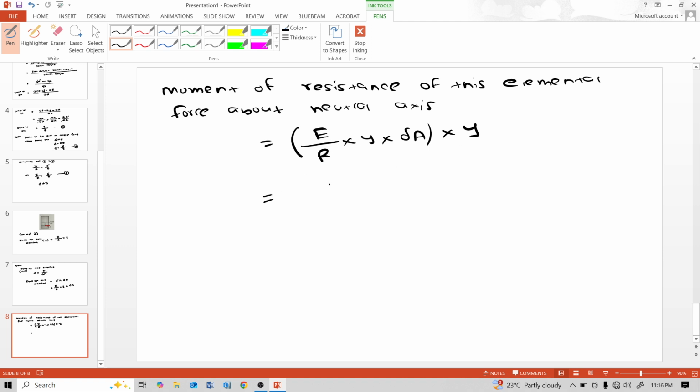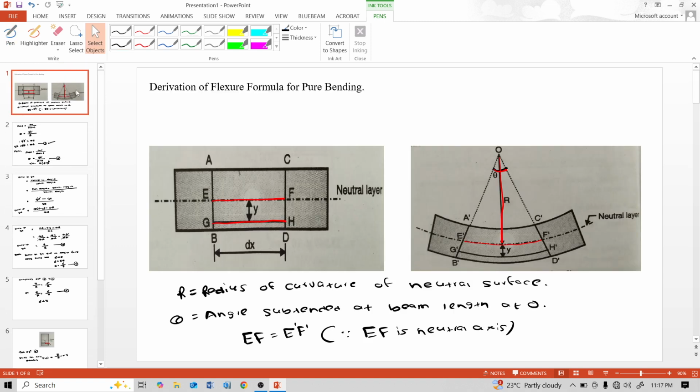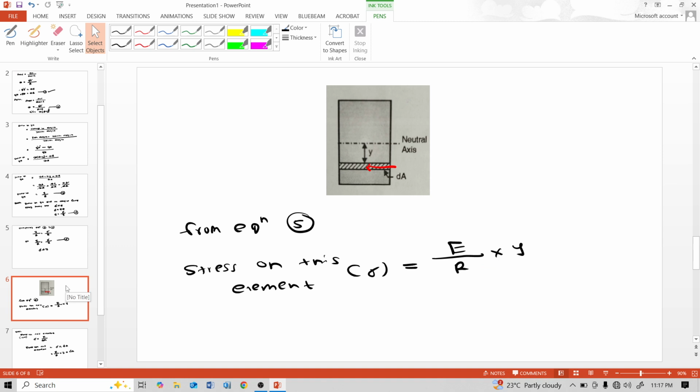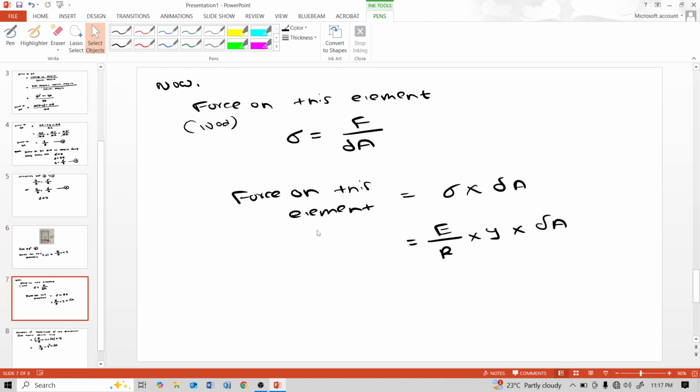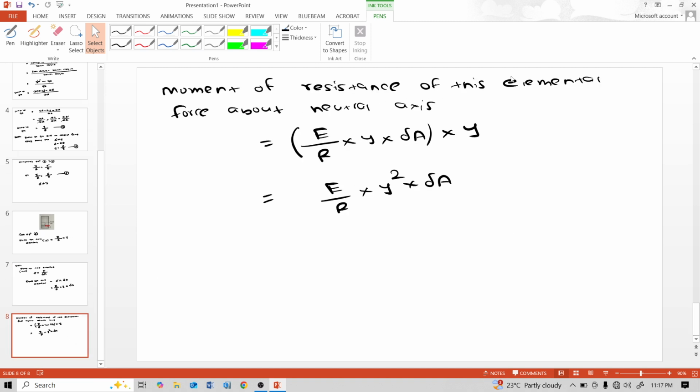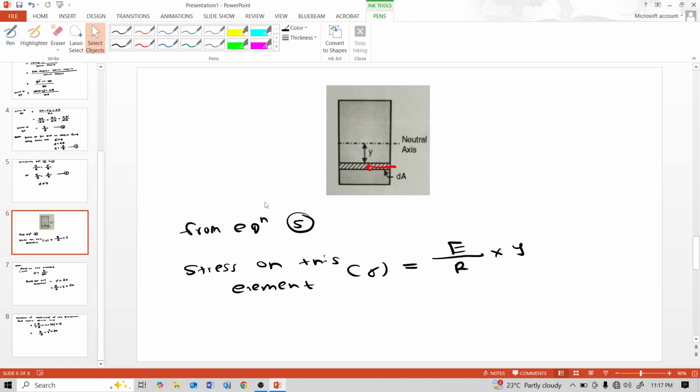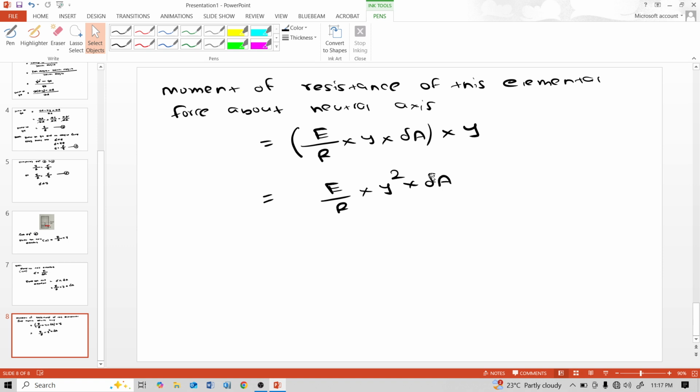That means E upon R into y square into delta I. Sorry, this is the moment of resistance of the elemental force. Only for this element, the moment of resistance is E upon R into y square into delta I.